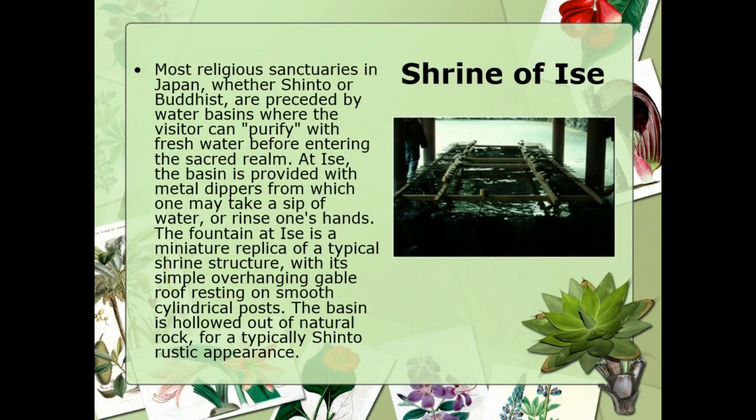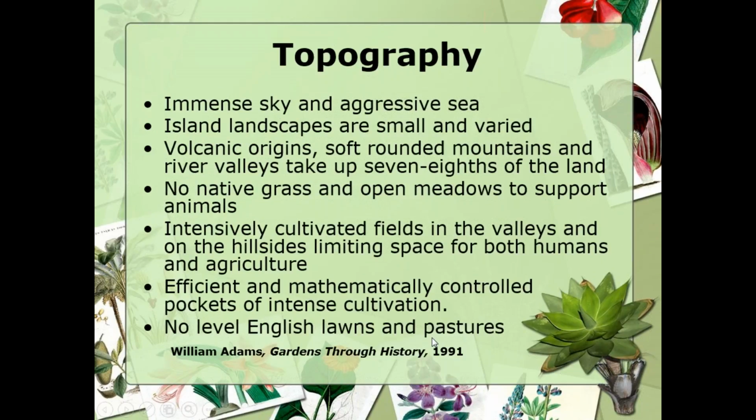At Ise, the basin is provided with metal dippers from which one may take a sip of the water or rinse one's hand. The fountain at Ise is a miniature replica of the typical shrine structure, with its simple overhanging gable roof resting on smooth cylindrical posts. The basin is hollowed from natural rock for a typically Shinto rustic appearance. And here we have an example of some of those basins.